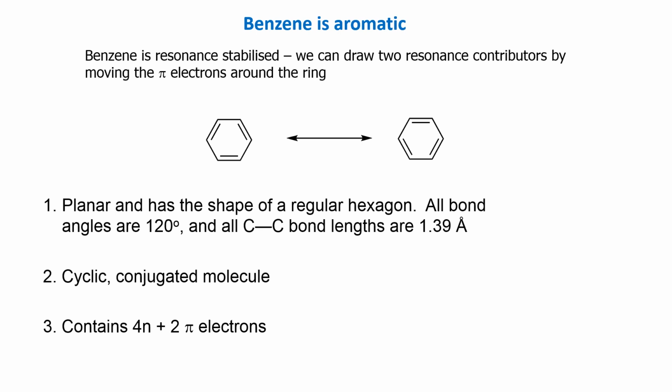And in fact, all of the carbon-carbon bonds in benzene are the same length, approximately 1.39 angstroms, which is in between the usual bond lengths of carbon-carbon single and double bonds. We know that benzene is a cyclic molecule, and we know that it's conjugated. That is, we can draw alternating double and single bonds around the structure.